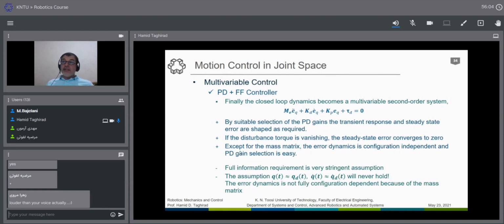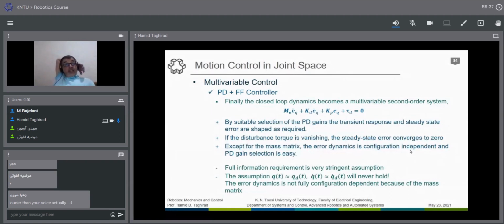And except for the mass matrix, the dynamics is configuration independent. This is also very important. Why is it important? It is in the process of tuning the PD gain. If you move the robot in here and tune the gain to have a very good performance, this is not good when we are working here. And yet you see in our arm it is also the same. Here it's very hard.